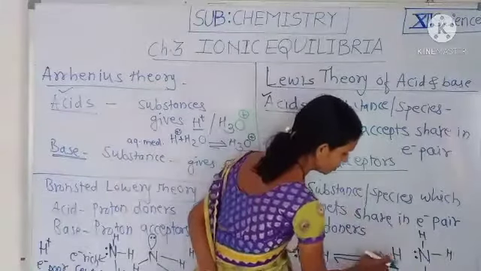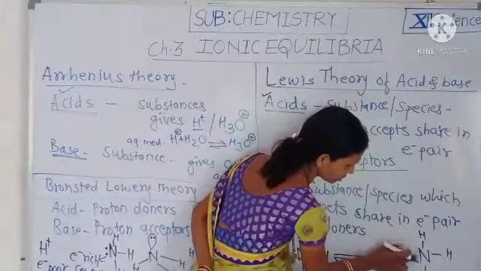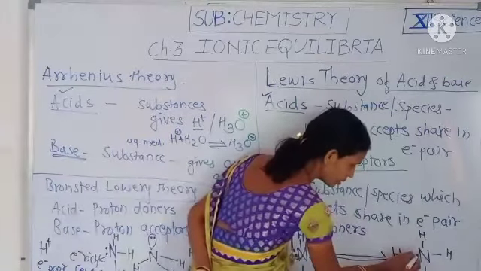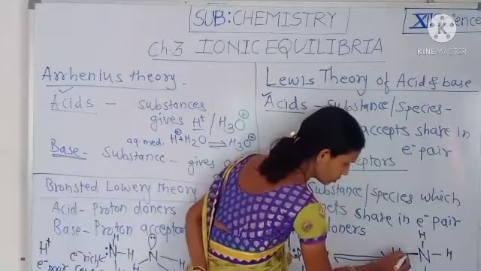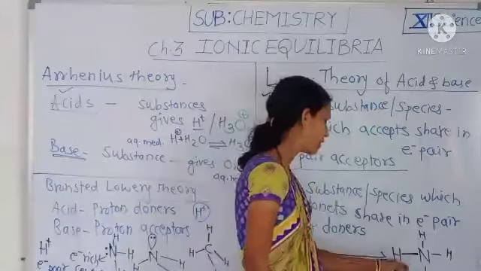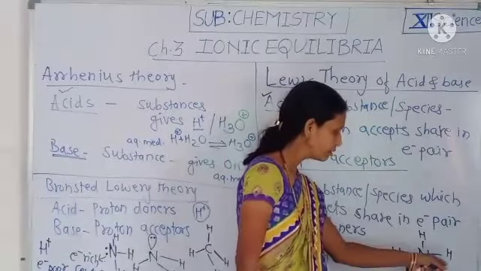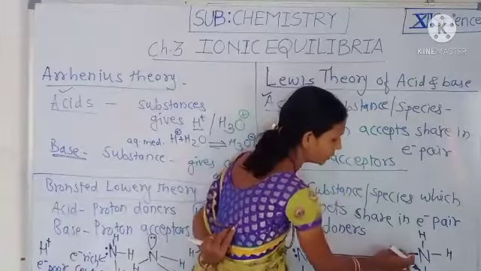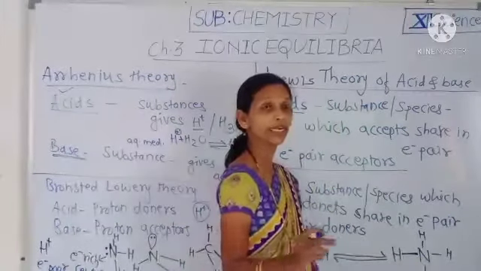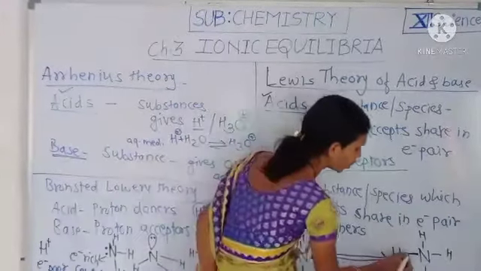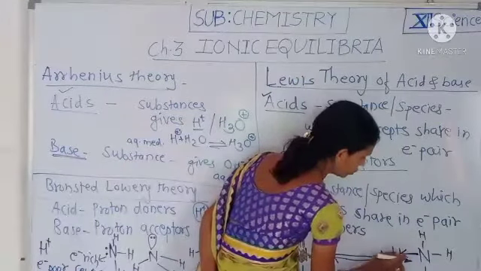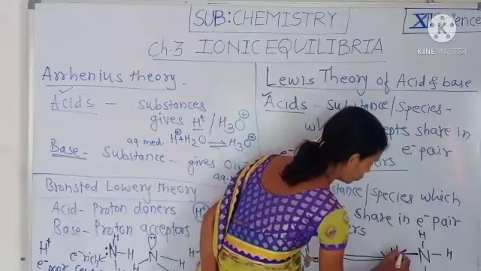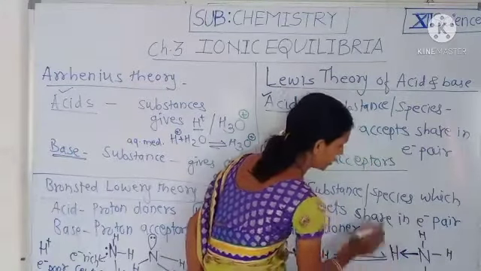Therefore both electrons of nitrogen are shared between the H plus ion and nitrogen of ammonia, forming a covalent bond. That covalent bond is also known as a dative bond or coordinate covalent bond, which is denoted by an arrow pointing towards the hydrogen atom.